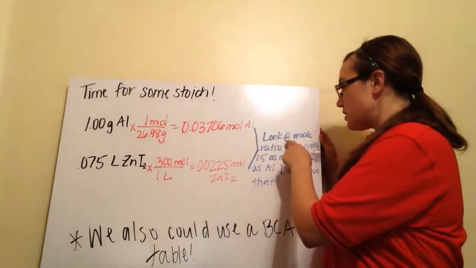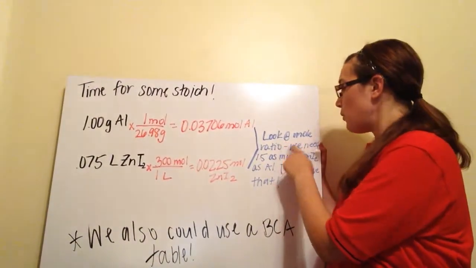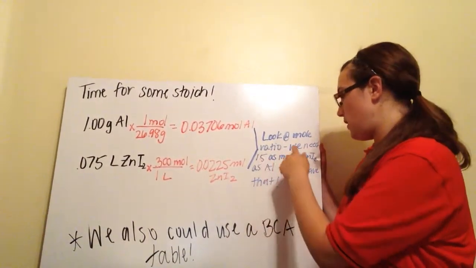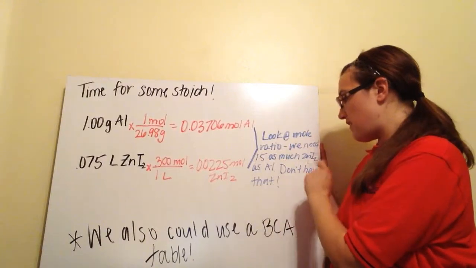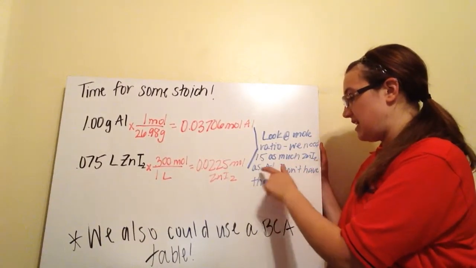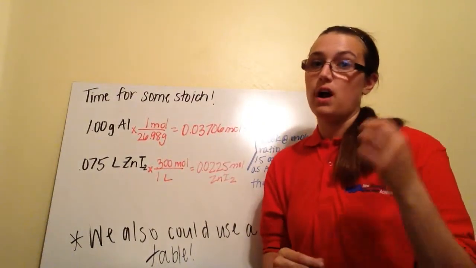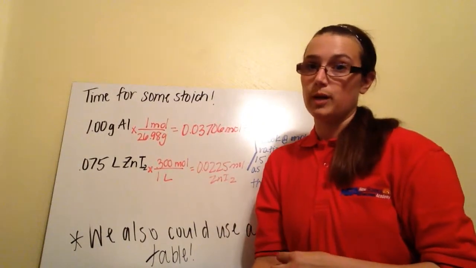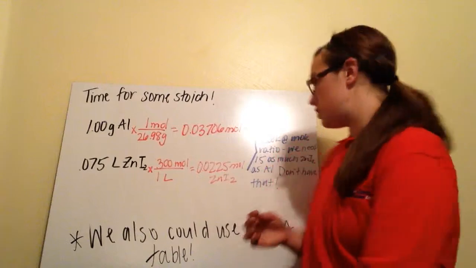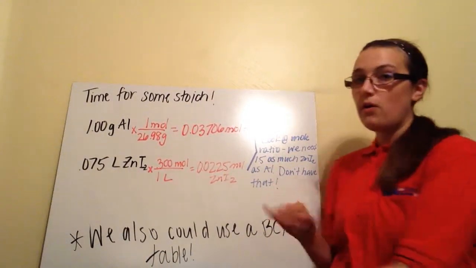What we're going to do now is look at the mole ratio. If we look at the mole ratio from the balanced equation, we need 1.5 as much zinc iodide as aluminum. So it's a 3:2 ratio of zinc iodide to aluminum. So we need 1.5 times as much zinc iodide, but we don't have that.